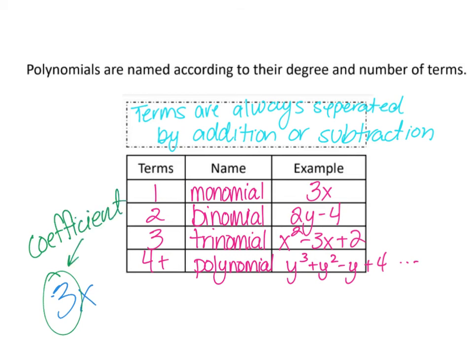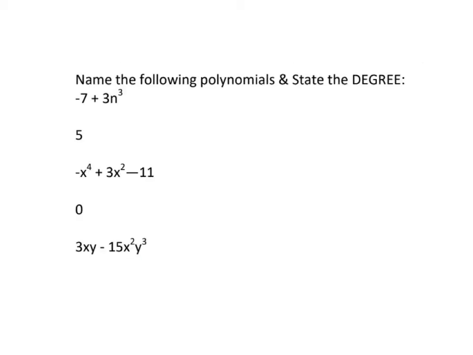Right there, the number that's in front of the variable. The binomial part comes from here. It has two terms. So let's go ahead and name some of these. We're going to name them according to their degree and terms.